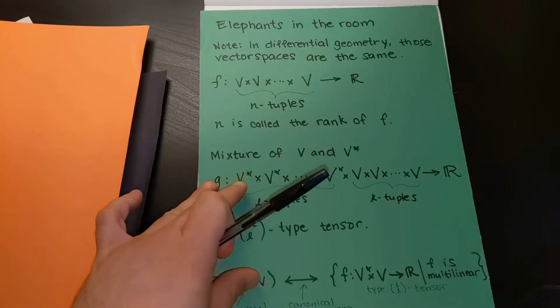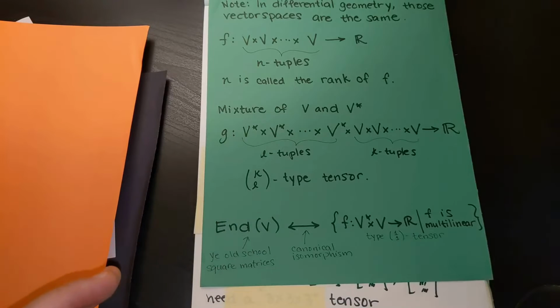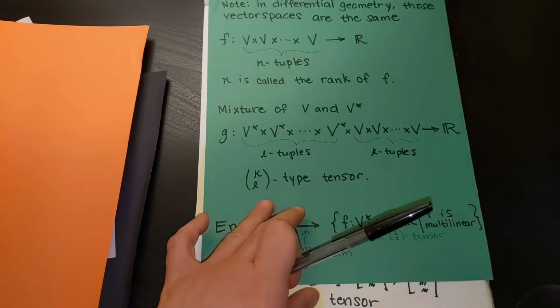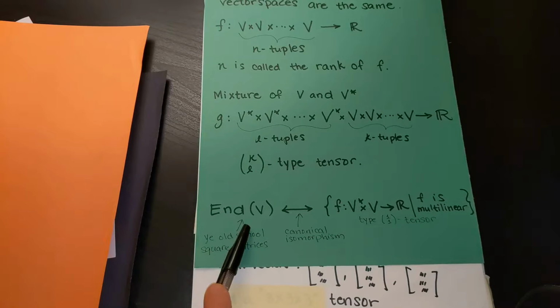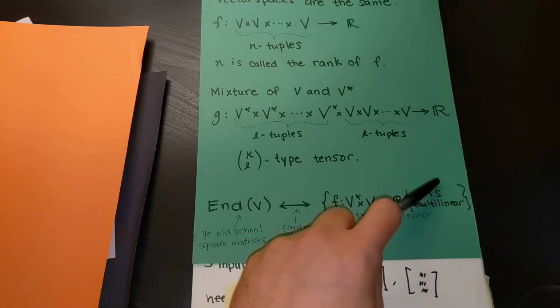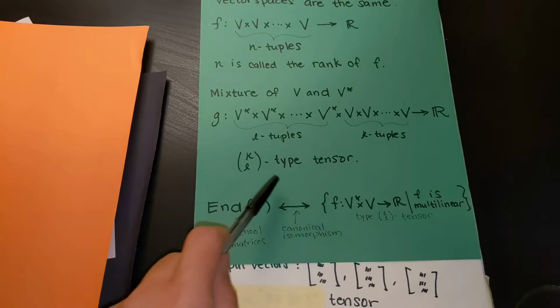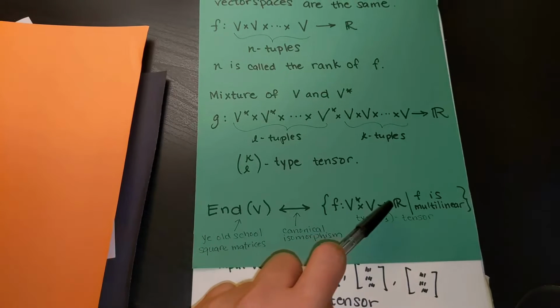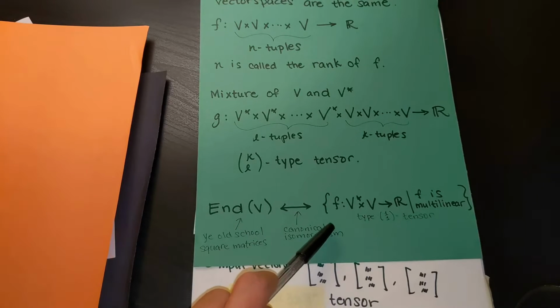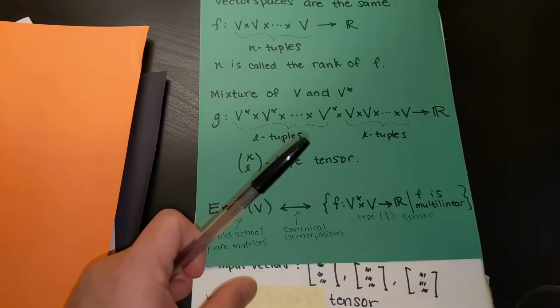And then there's this identification. So this is the old school square matrices, and this is this set of type 1 tensor. And in differential geometry, they don't make distinction between the two, even though they're different.